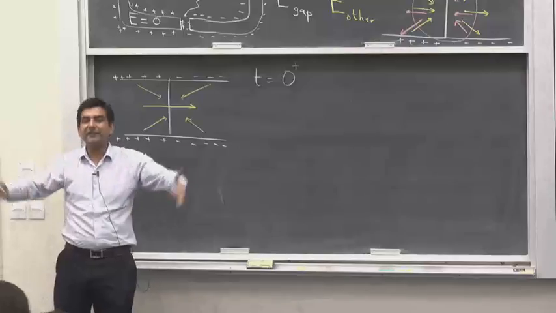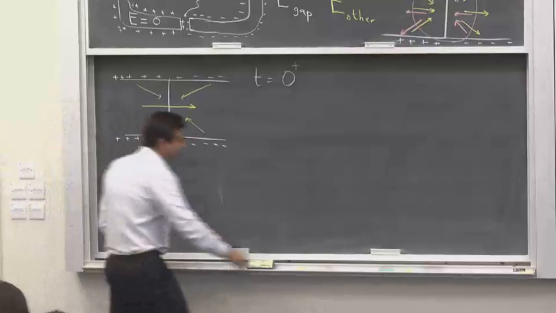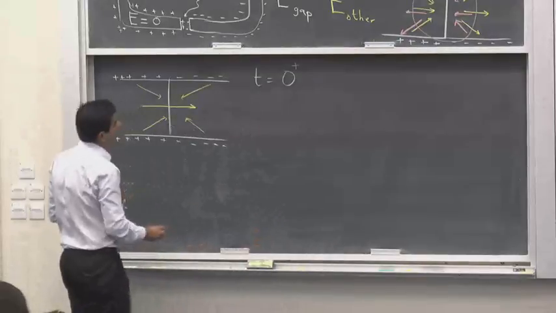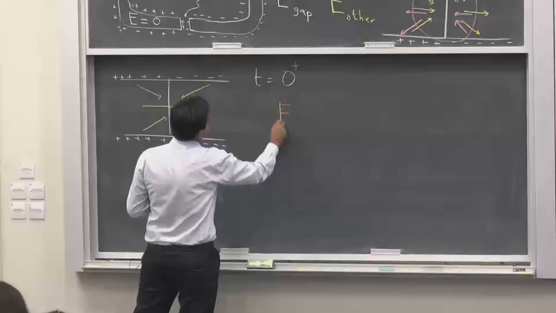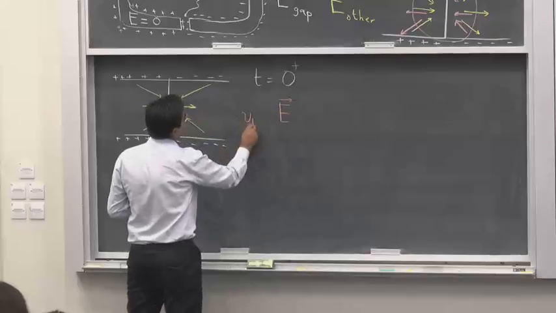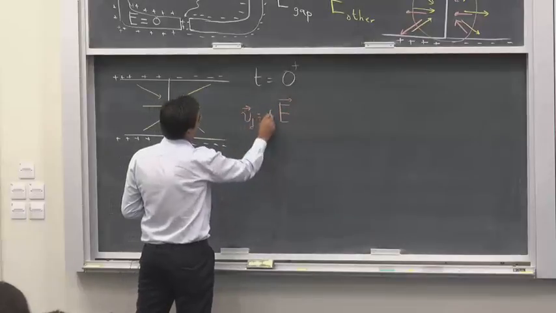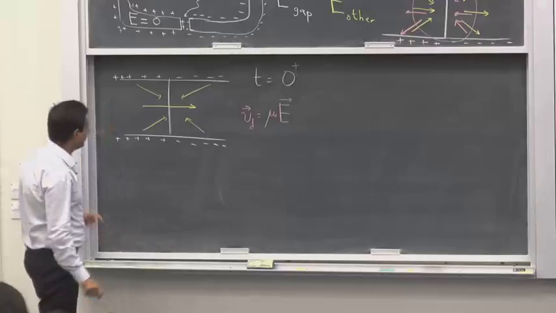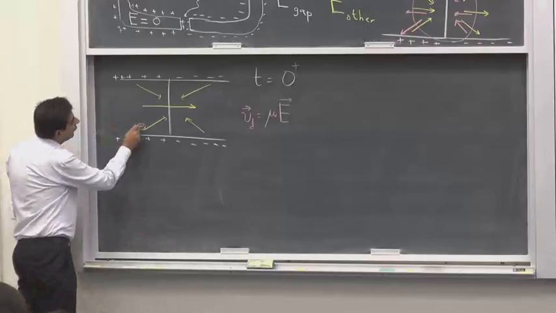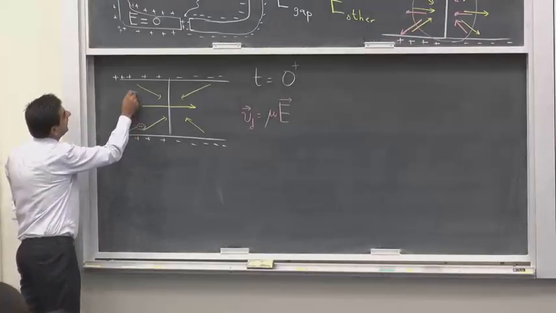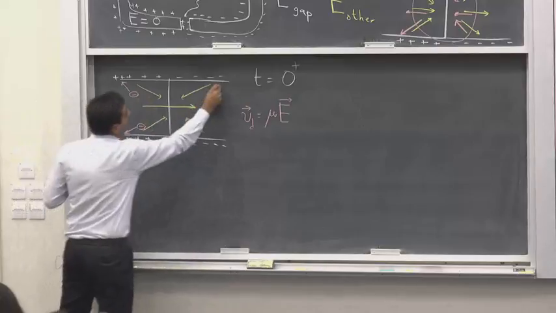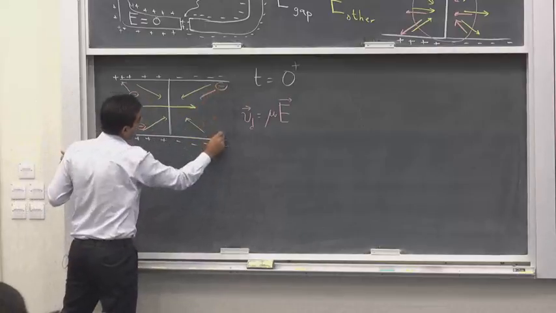And when the electric field lines are propagating, there's going to be a drift velocity for the electrons, because whenever there is an electric field, there has to be a drift velocity of the electrons, and the constant of proportionality is just the mobility. So the electrons are now going to move towards the outer periphery, and they're going to move away from the outer periphery.